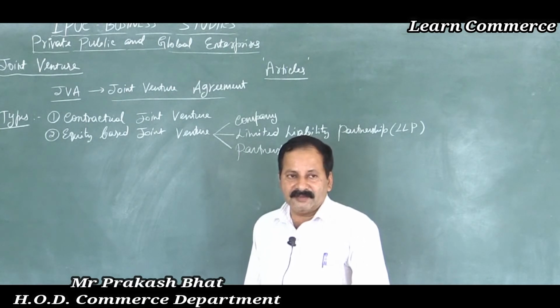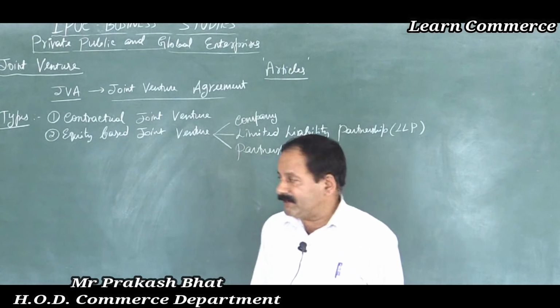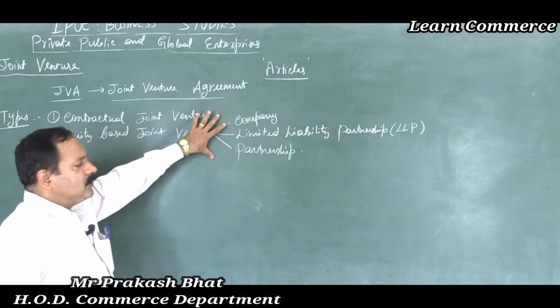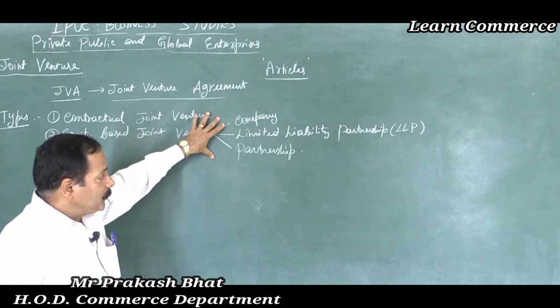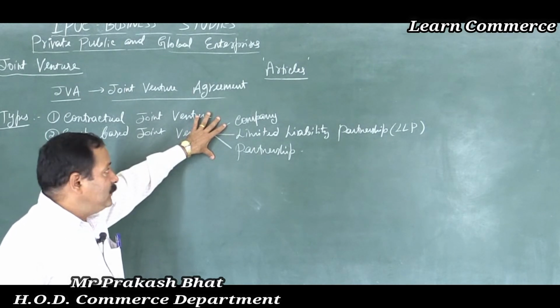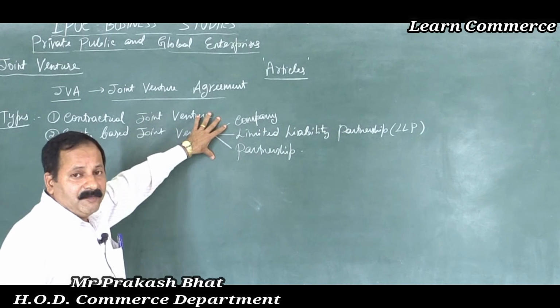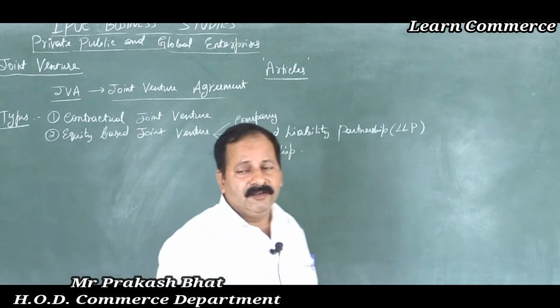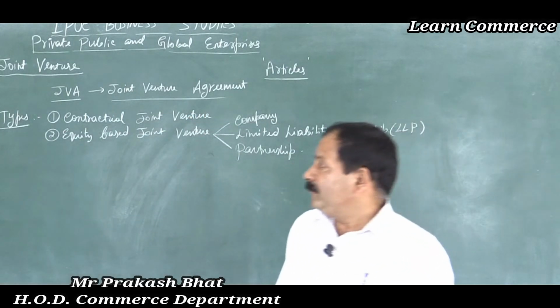So these will be the terms and conditions of an equity based joint venture, where they will contribute capital, technology and human resources, and share the management of the organization. Everything will be shared among all the people who join the venture.